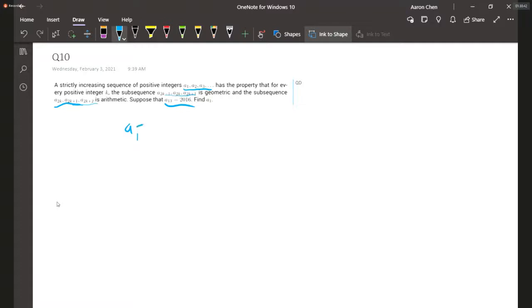So let a1 just be equal to A, and let a2 equal AR. Then in order, the terms are A, AR, AR squared, and then 2AR squared minus AR, then 4AR squared minus 4AR plus A. Well, you can write the factored form.